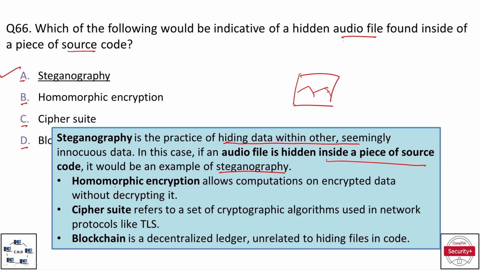The other options: homomorphic encryption allows computations on encrypted data without decrypting it. Cipher suites refers to a set of cryptographic algorithms used in network protocols like TLS. And blockchain is a decentralized ledger unrelated to hiding files in code.